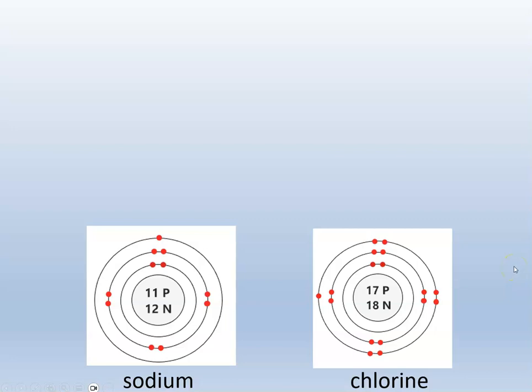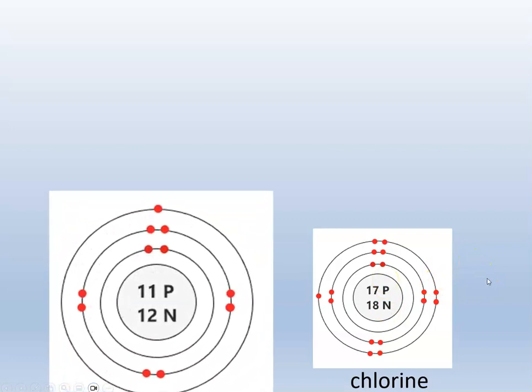Protons have a positive charge, and electrons, which are in these outer energy levels, have a negative charge. So this one has 11 protons pulling these 3, we'll say, rings in. So like 11 magnets pulling in these 3 energy levels. This has 17 pulling in. So chlorine actually becomes more dense or a smaller atom. So the sodium atom is larger because it doesn't pull these rings in as tight.